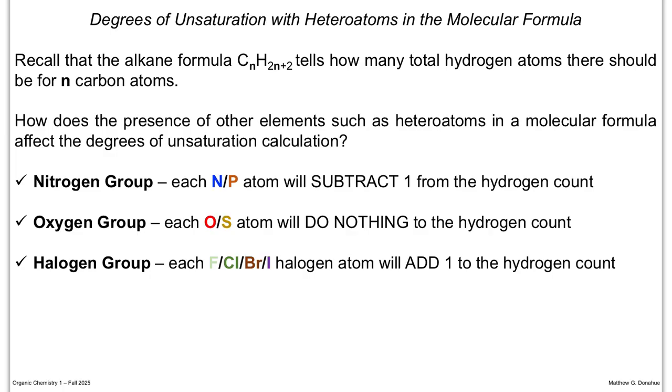We also saw that when we're given a formula, we can use this CnH2n plus 2 to calculate that as well. But what about when we start putting in heteroatoms? What's the process then? If you're given the structure, you can still count the pi bonds and rings, but what if you're given the formula? What do these different heteroatoms do to the hydrogen count? That's what we have to figure out.